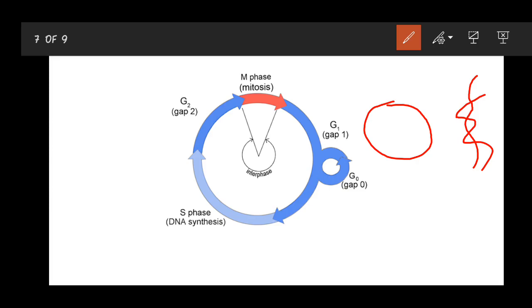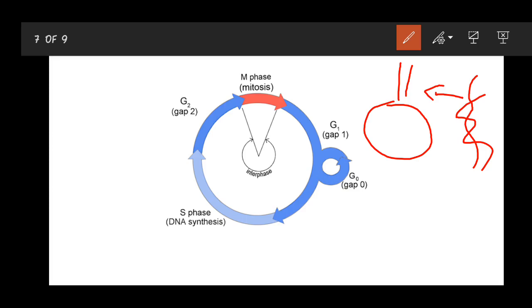A single double helical DNA will form a single fiber of solenoid. You can just imagine you have a double helical DNA and you are compacting it, that will produce a single fiber of solenoid.